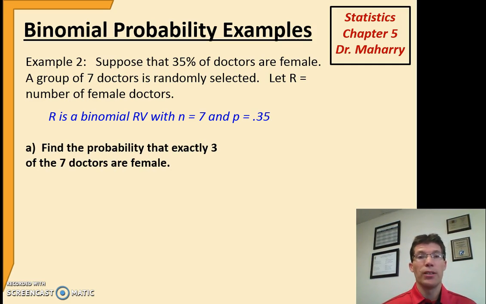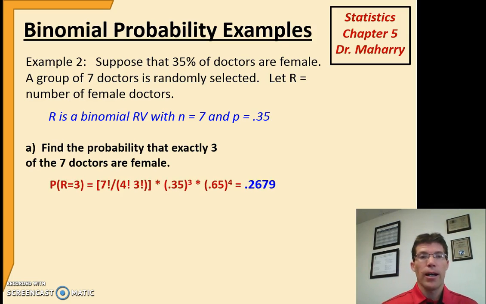If I wanted the probability of exactly 3 of 7 doctors being female, I could plug in n equals 7, r equals 3, and p equals 0.35. If p is 0.35, that implies q is 65%. 35% of doctors are female, so 65% are male. If I plug that in, I get 0.2679.